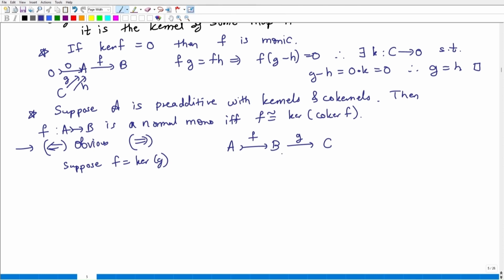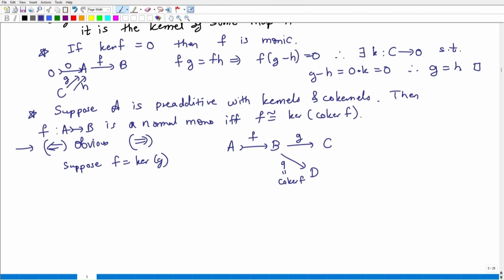But at the same time, I can also talk about its own co-kernel. And this is the morphism Q, which we can also write as co-kernel of F. Every morphism has kernels and co-kernels, so I can define its own co-kernel.